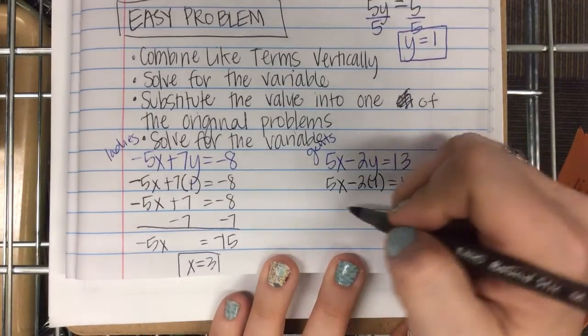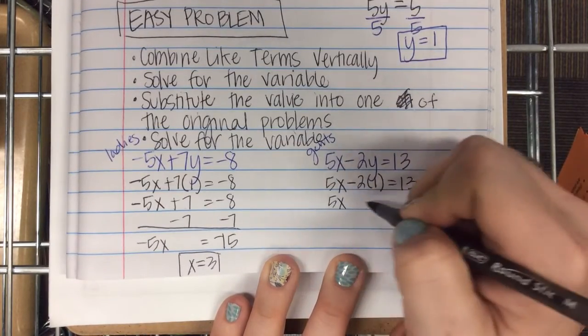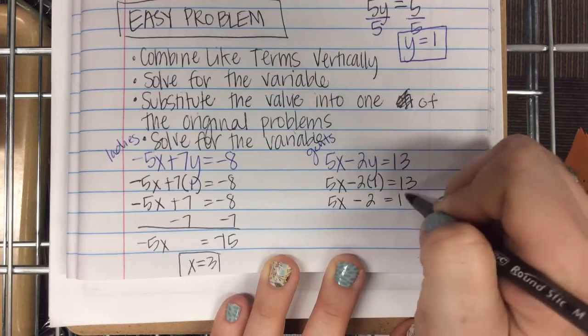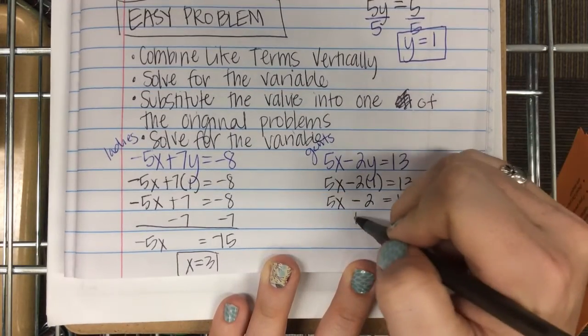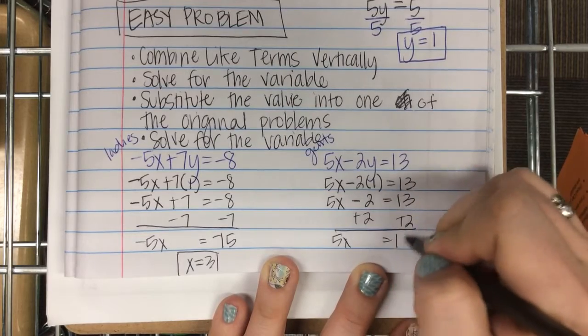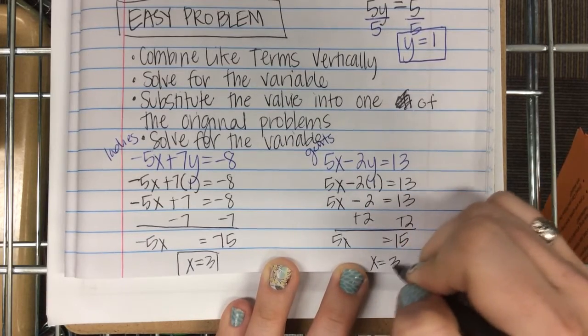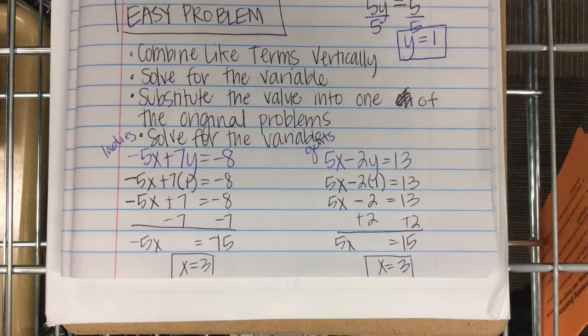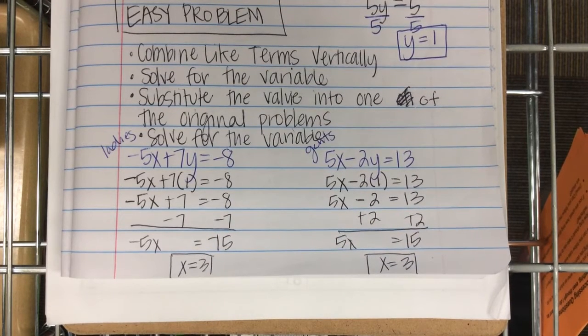And the gentlemen are going to get 5x minus 2 equals 13, plus 2 is 5x equals 15, x equals 3. You get the same answer, no matter which equation you picked. What's our last step? The ordered pair.